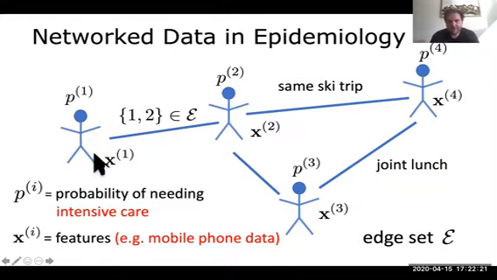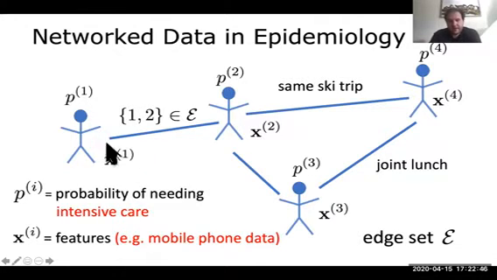And in applications, we might be interested in finding out some other characteristic of a person, some higher level fact or quantity of interest. For example, we could be interested in finding out the probability that a particular person needs intensive care. This might be relevant for planning healthcare resources.